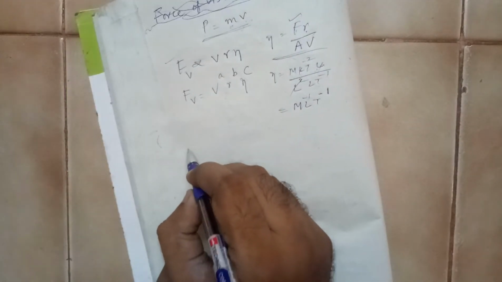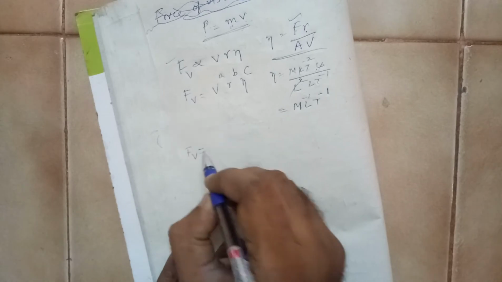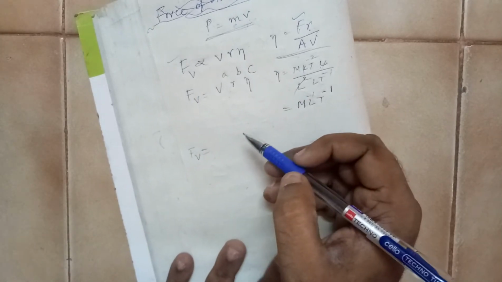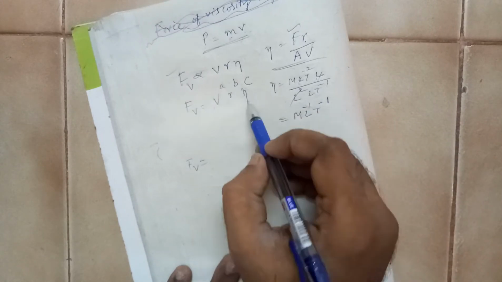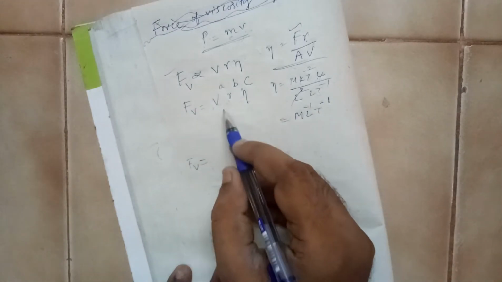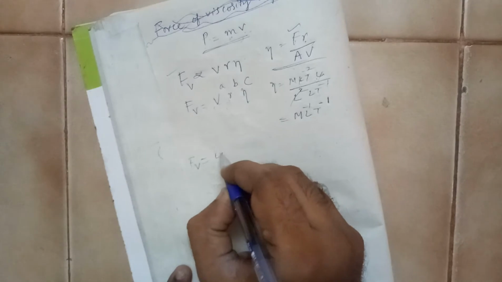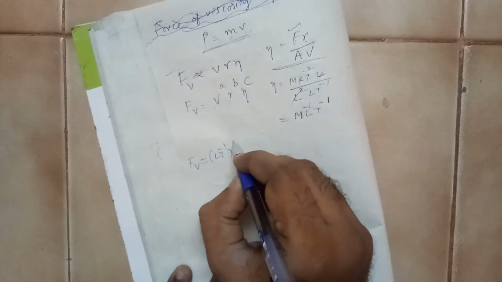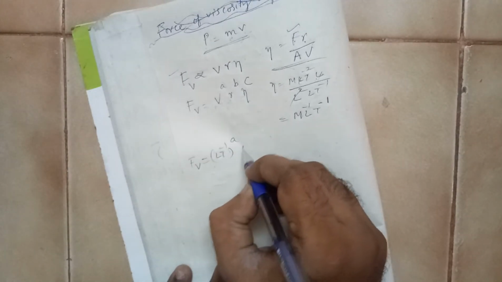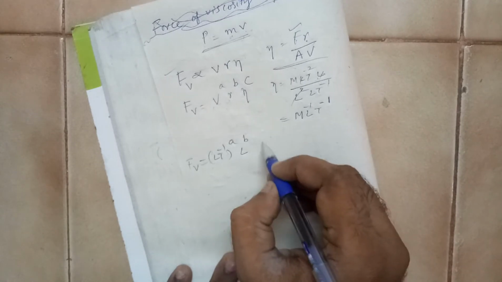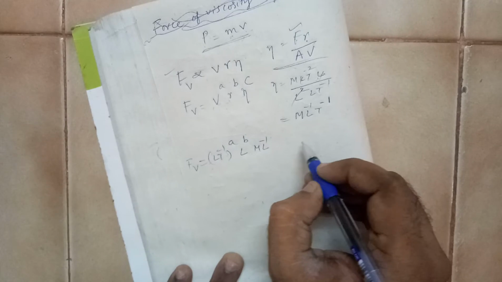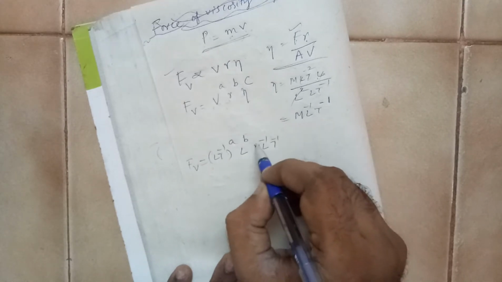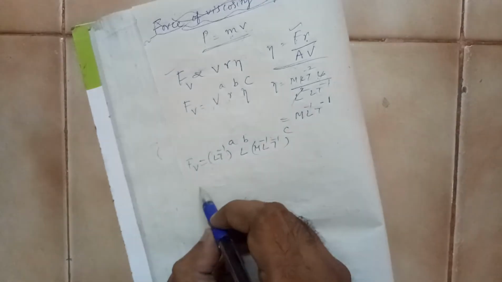Okay, so we will write Fv is equal to, now what we need to do is write the dimensional formula of v, r and neta. So v is L T^-1 to the power a, r is L^b, and neta is, now we have found out, M L^-1 T^-1 to the power c.